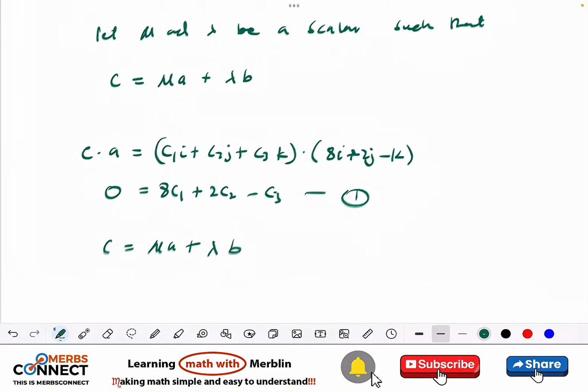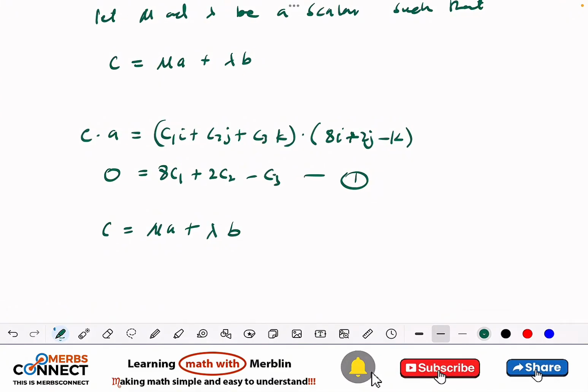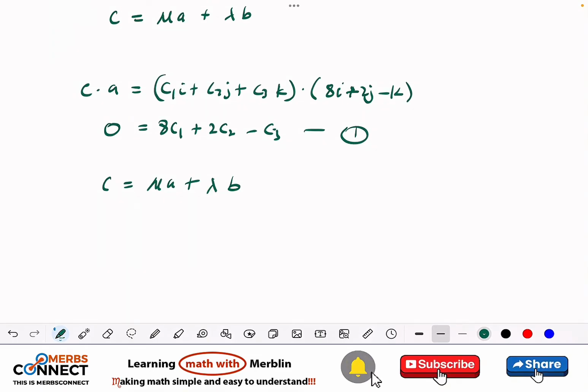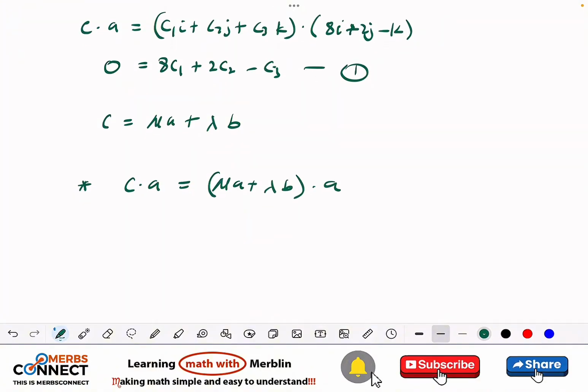Now let's put this one down and let's do something here. Let me just put here A dot B. This one can be written as, now we know that C is equal to this, so let me use that technique here. So this one will be mu A plus lambda B dot A. Right? So what can we get?